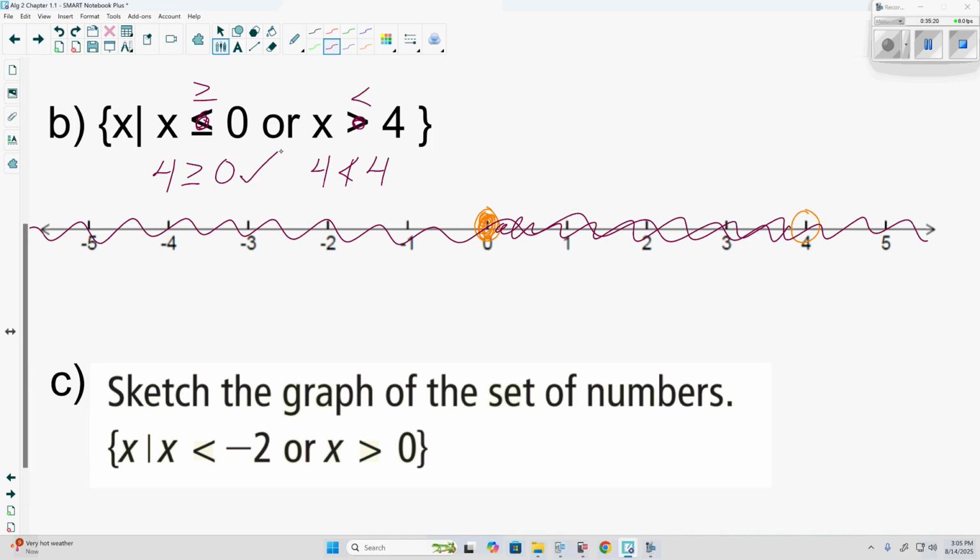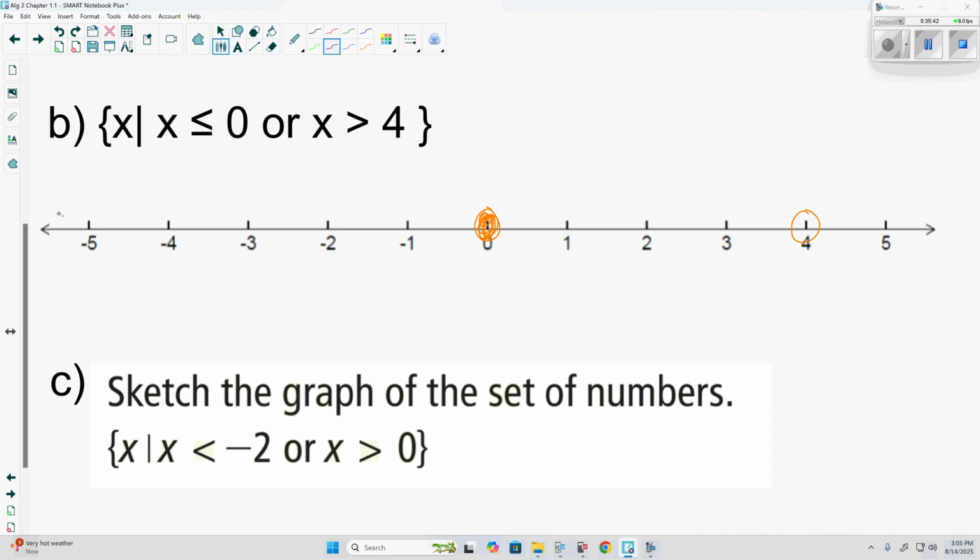Because for or statements, how many of these statements have to be true? One of those statements is true. So now that we switch it, yes, 4 is still included because it made one of them true. So if it is pointing at each other, we just included the whole number line. It is possible. We don't normally set it up so that both are possible. We normally have one side or the other.